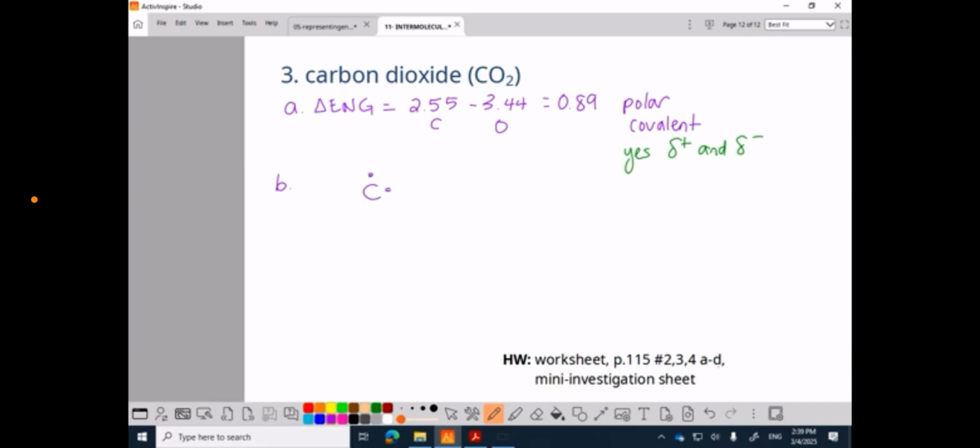And then I'm going to draw the bonding pairs on the inside. So oxygen needs to have two bonds, carbon needs four.